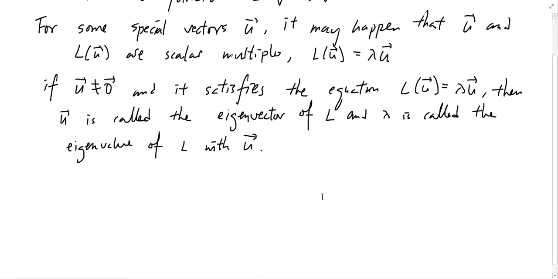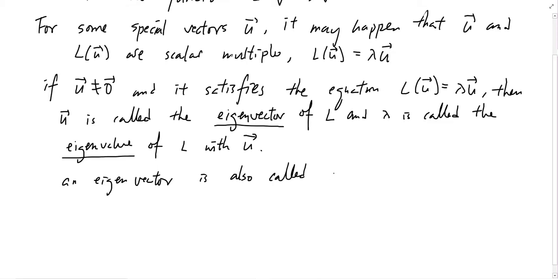Now, the term eigen is, I believe, German. So there's another word for that. An eigenvector is also called a characteristic vector.